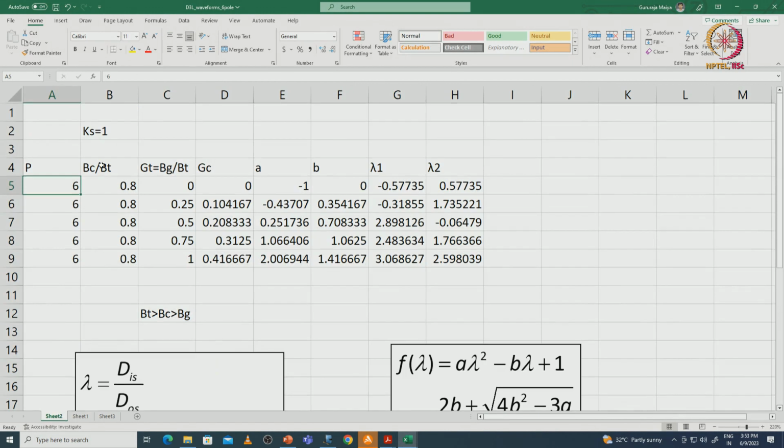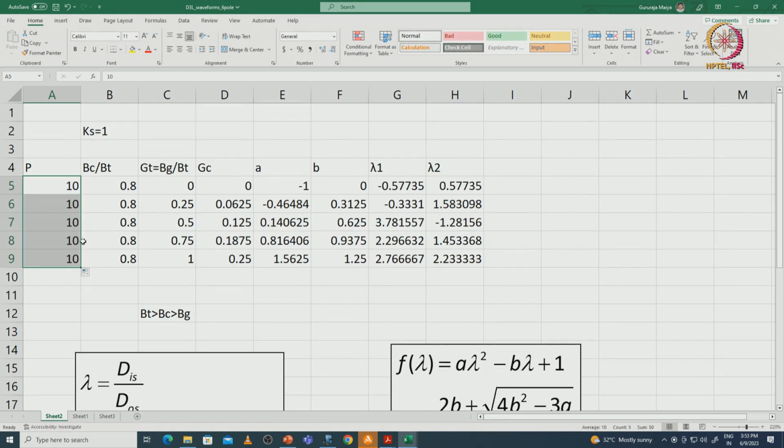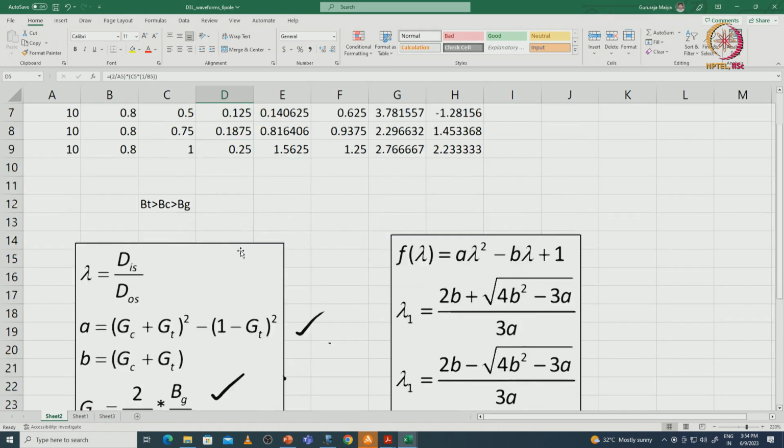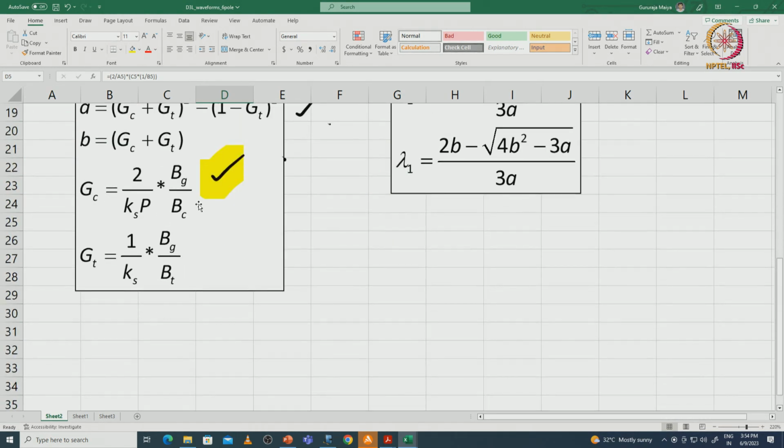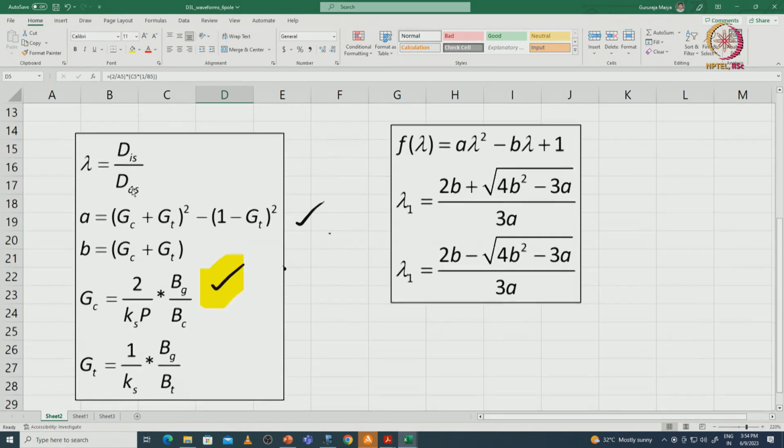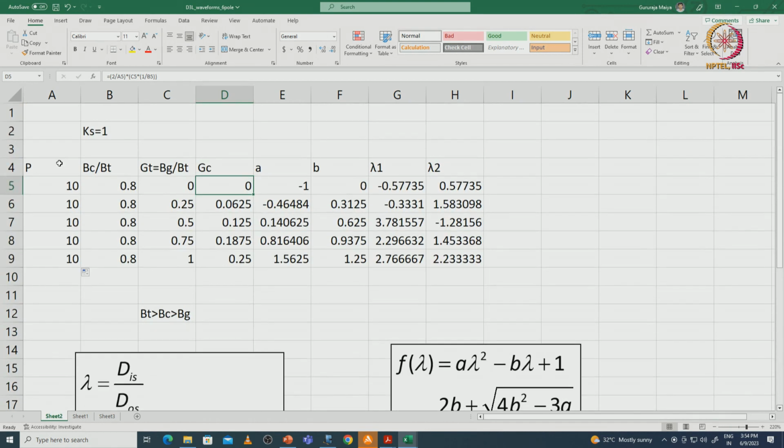Next, if we increase the number of poles further, for example, I substituted 10 poles here. With respect to this number of poles, the GC value has changed because the GC value depends upon the number of poles. Based on this equation, the GC value has changed with respect to the number of poles.